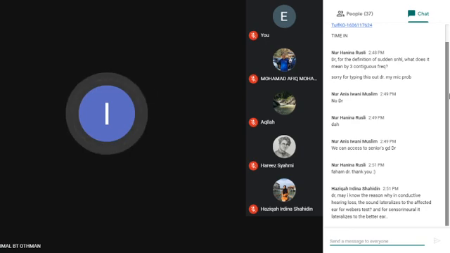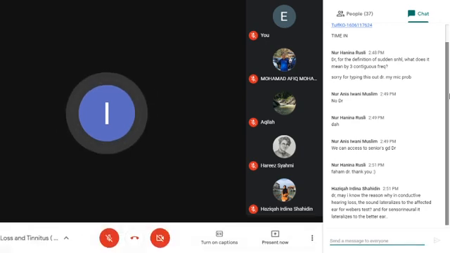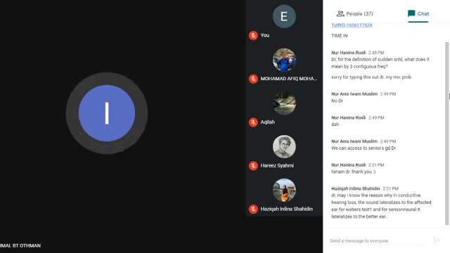So in conductive hearing loss, there are issues in the external and middle ear, but the cochlea is good. So the Hairburst will tell you that the cochlea is good. Okay.